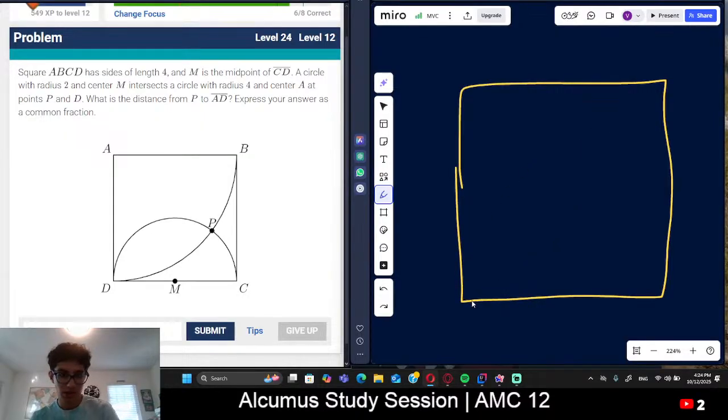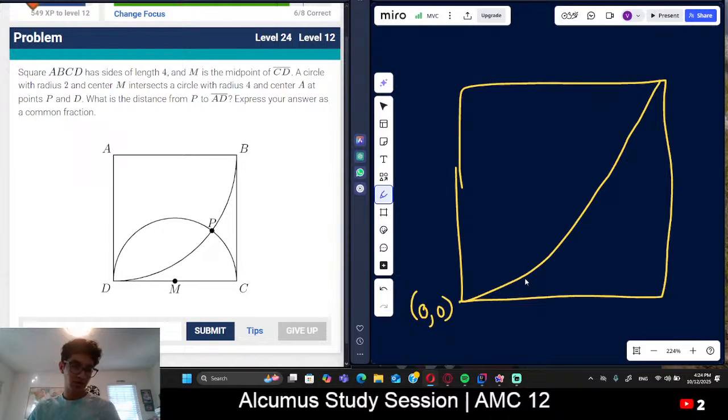I think this is just going to be x squared, right? If we start this as the origin, well, yeah, that is how a circle works, I think. So that seems right to me.